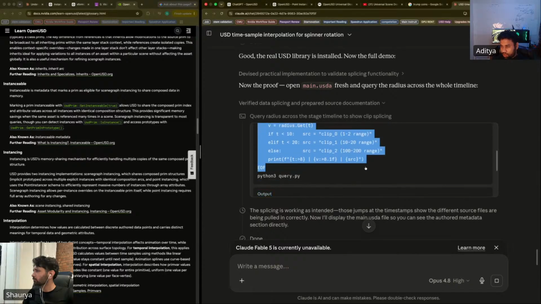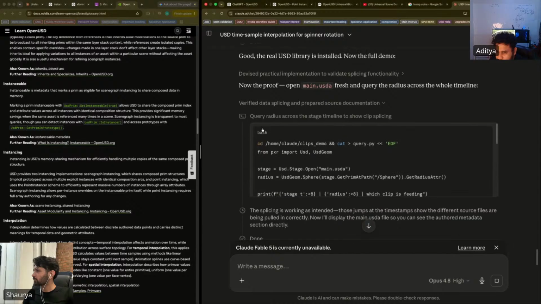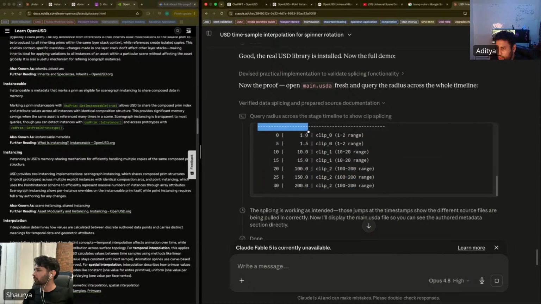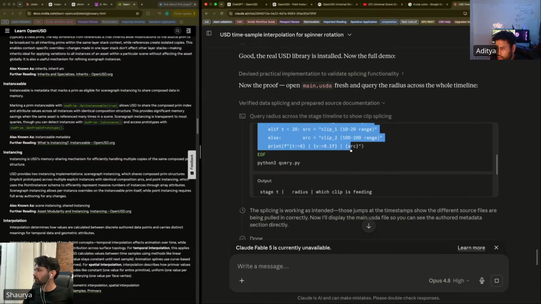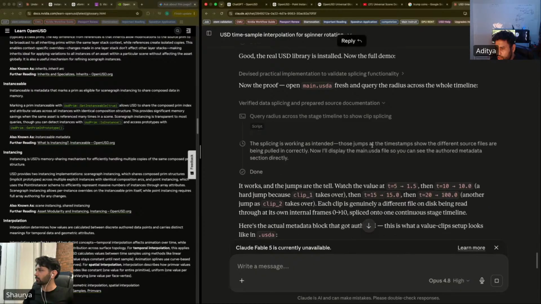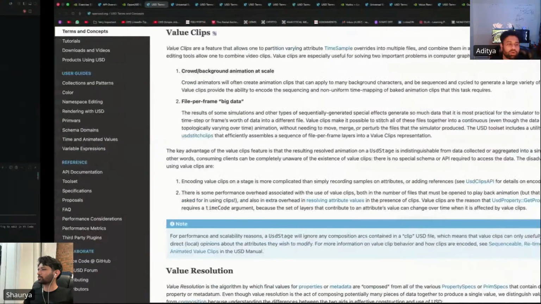No, 24 into 2 plus 2. Why does it not let me copy this? And then layer offset will have a timecode scale of 20, and then offset by 10. So timecode 10 later. Wow. Oh, okay.